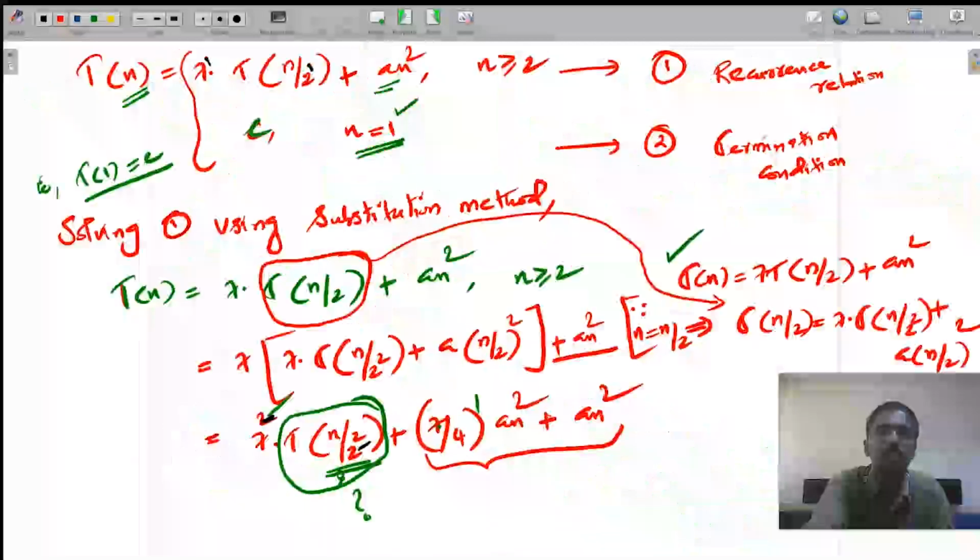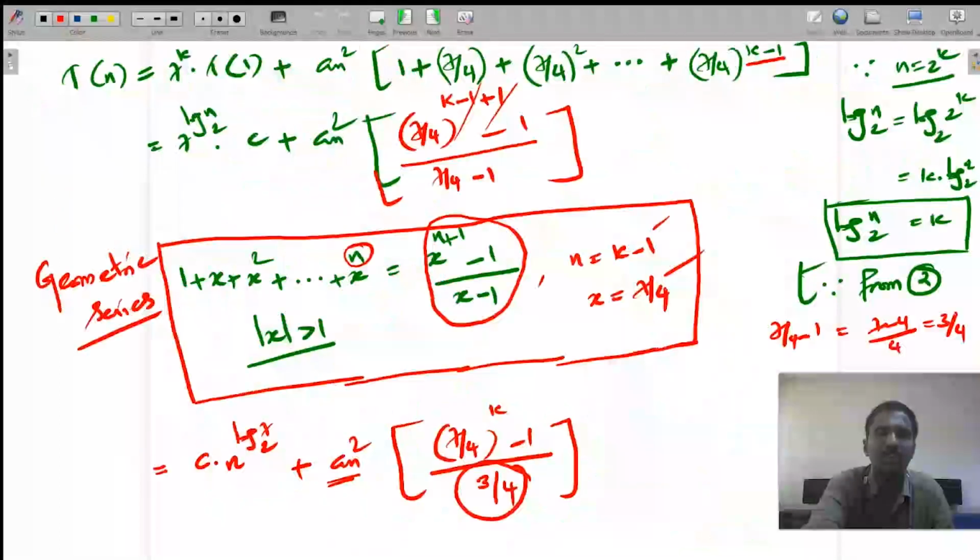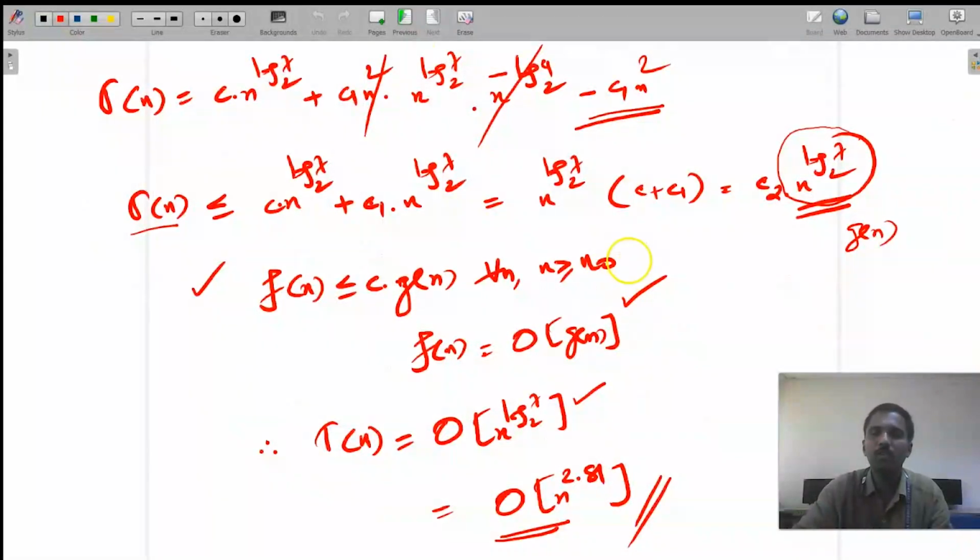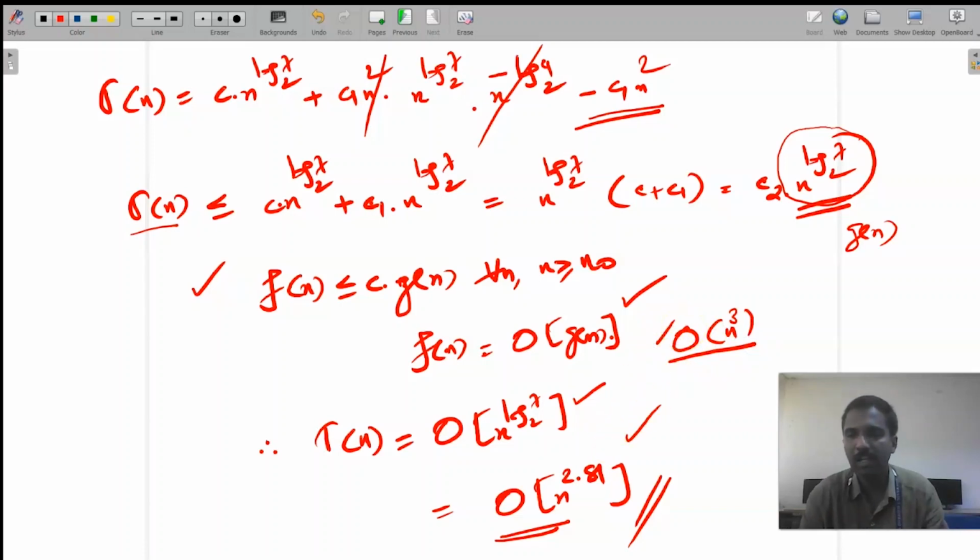And the solution to this recurrence relation, t of n is equal to 7 into t of n by 2 plus a n square for n greater than or equal to 2, and a constant for n is equal to 1, is t of n is equal to big O of n power 2.81. This computational complexity is compared to the conventional matrix multiplication as big O of n power 3, or divide and conquer based matrix multiplication, big O of n power 3.